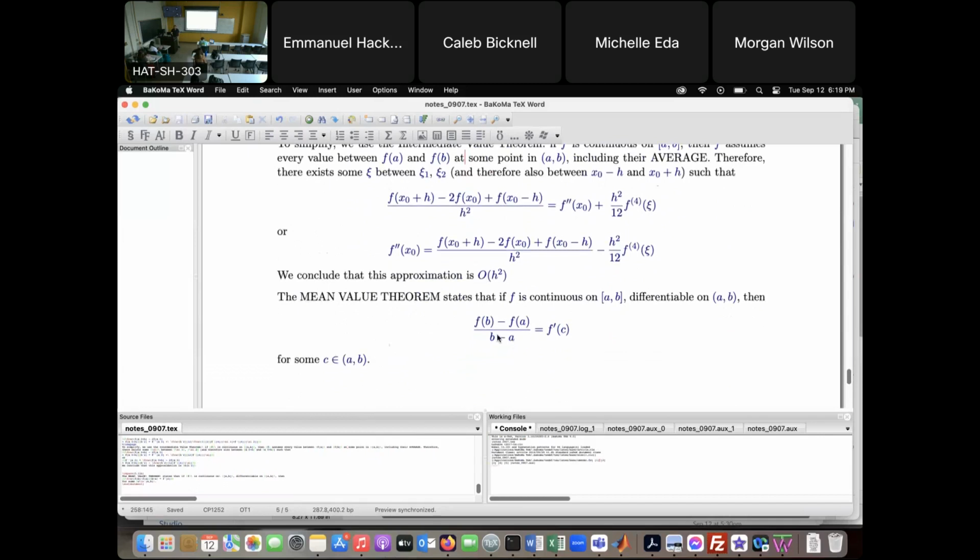It's closely related to the mean value theorem for integrals, and a weighted mean value theorem for integrals, which is actually what's used to derive the Taylor remainder.